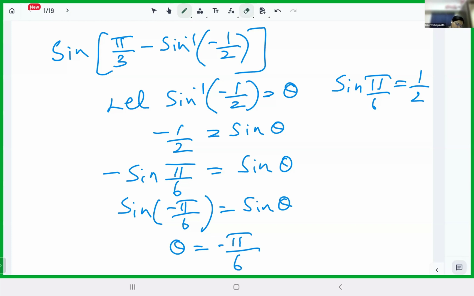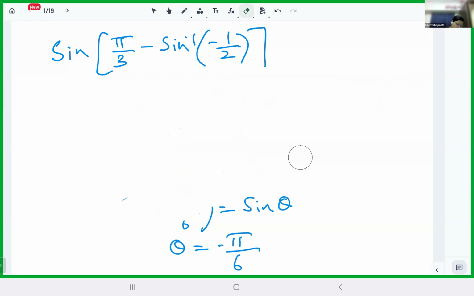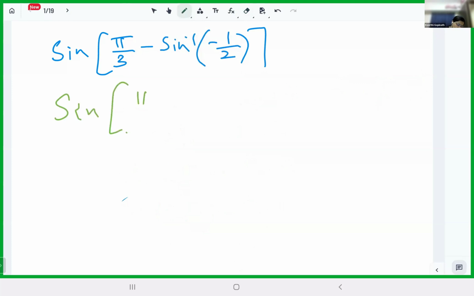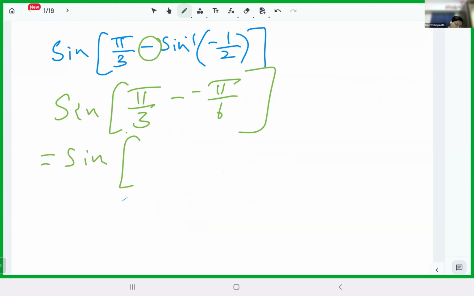Okay, so I'm going to substitute that value in the question. We have got theta is equal to minus pi by 6. So sine of pi by 3 minus pi by 6. Right. Sine inverse of minus 1 by 2 is minus pi by 6. Here there is already a minus, so this will become sine of pi by 3 plus pi by 6.